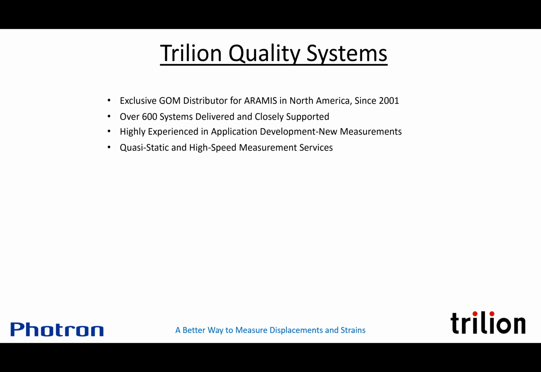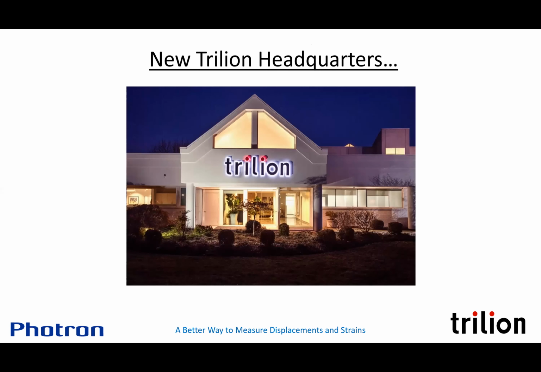We started doing it about 3 or 4 years before it was being done by GOM in Germany. And we do lots of services as well, both at low rate and high rate. In fact, we own a fleet of 10 Photron cameras ourselves that we use for demos, services, and rental of high-speed measuring systems.